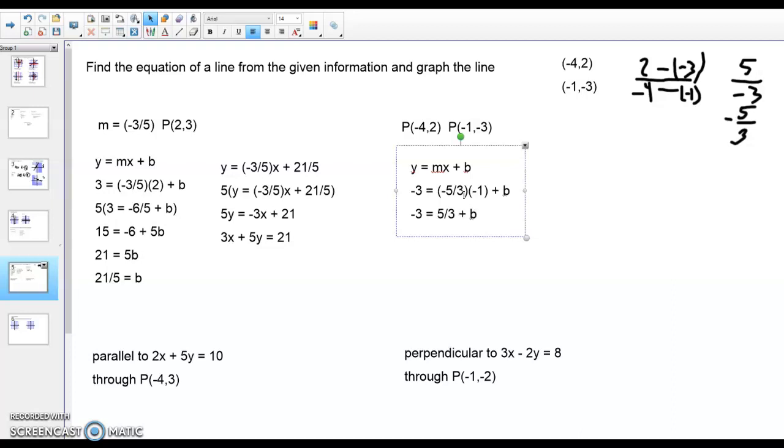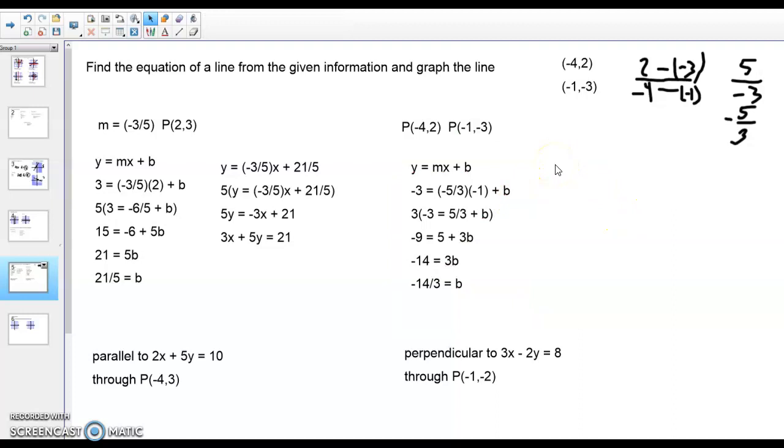After we do negative 5/3 times negative 1, I'm going to multiply all of this by 3. And that way my fraction gets eliminated. So we get negative 9 equals 5 plus 3b. We subtract 5, we get negative 14 equals 3b. And my negative 14 divided by 3 equals b.